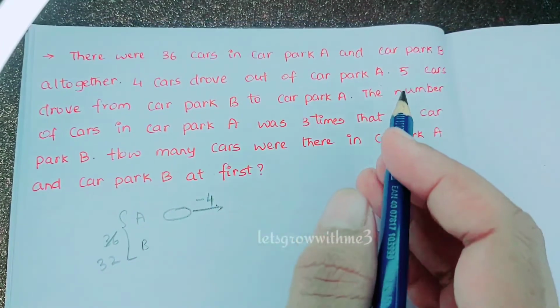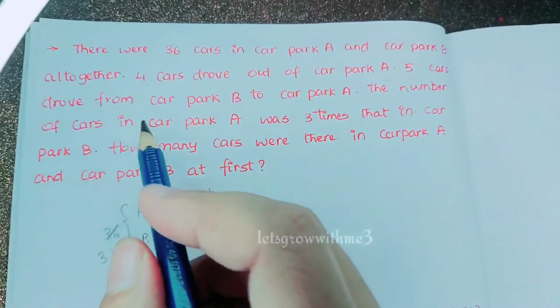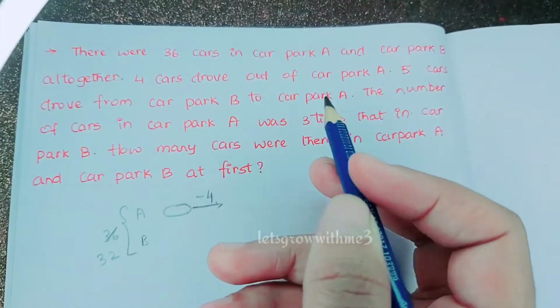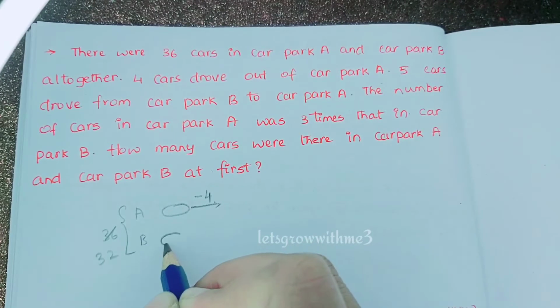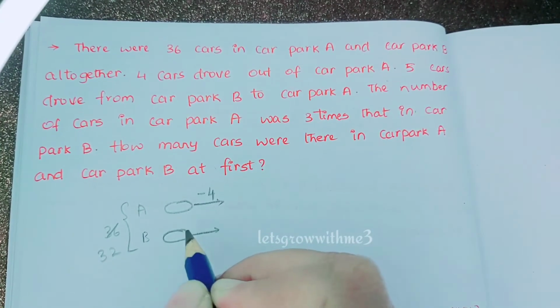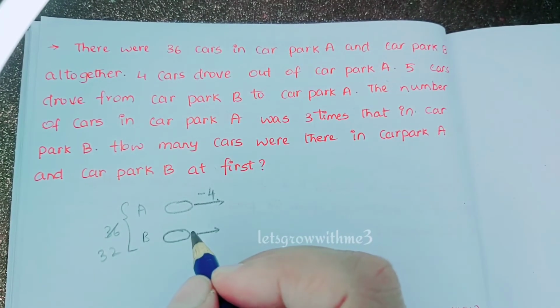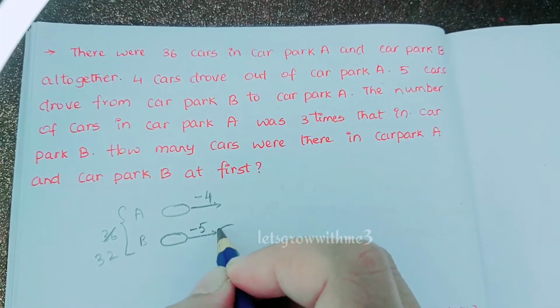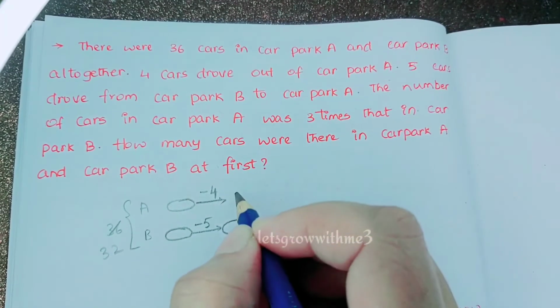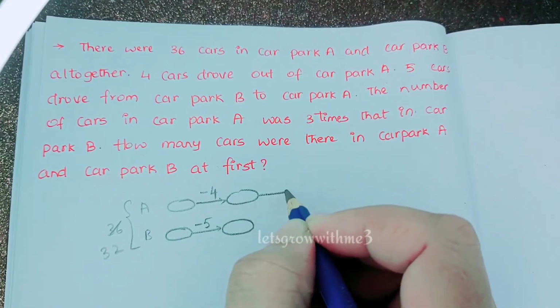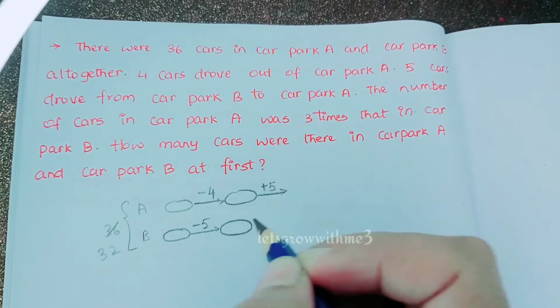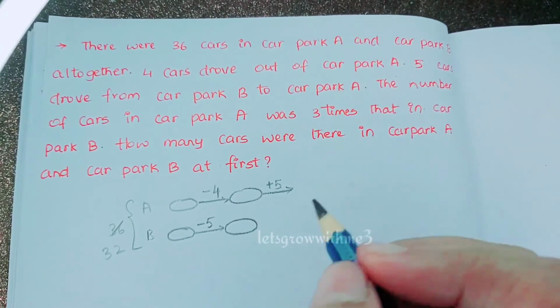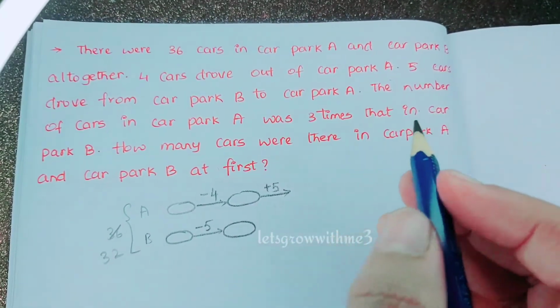So after that, what happened? 5 cars drove from car park B to car park A. So from B we lose 5 cars because they moved to car park A. So in car park A we need to add an extra 5, which came from car park B. Okay, and then what happened?